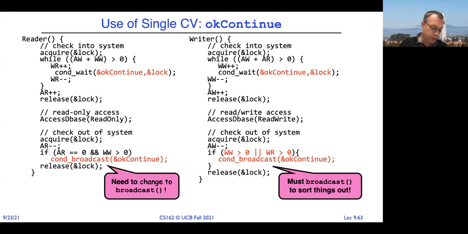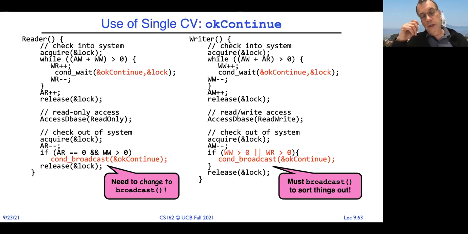So from the point of view of accessing the database, the while loop is going to enforce the priority, because a reader is going to look whether there are active writers or waiting writers. And if there are waiting writers, it's not going to proceed. So as long as there are waiting writers, these while conditions will ensure that the reader cannot proceed.